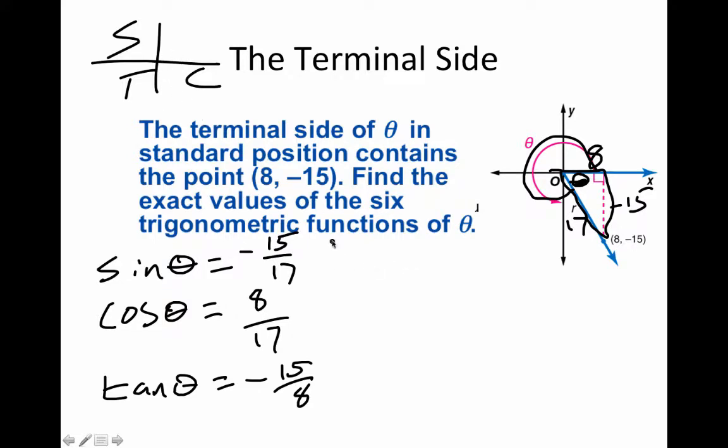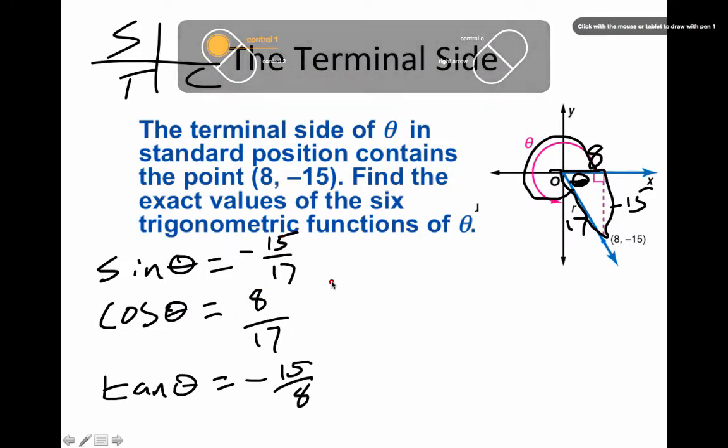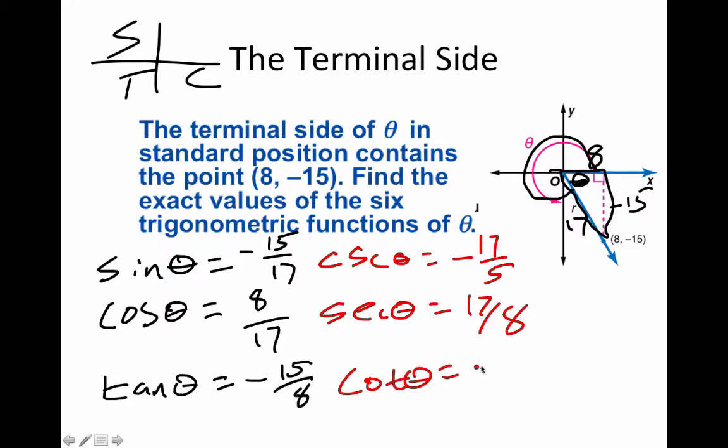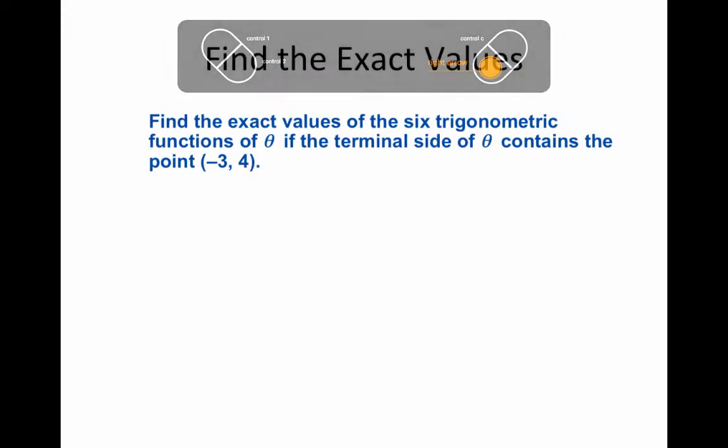And now we've got to flip. When we flip, we go cosecant, just flip sine. Nice. And then we go secant, just flip the cosine. And then we go cotangent. And obviously, if you're doing a reciprocal, the positives and negatives come right along for the ride. So there you go, using a reference triangle and quadrants in order to get our stuff together.